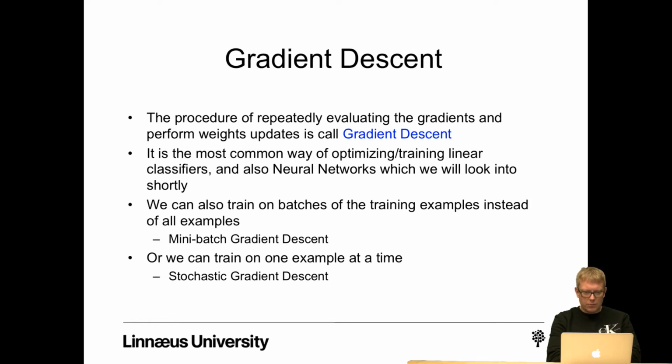And it is the most common way of optimizing or training linear classifiers and also neural networks, which we will look into shortly. We can also train on batches of the training examples instead of all examples, usually called mini-batch gradient descent. Or we can train on one example at a time, which is usually called stochastic gradient descent.